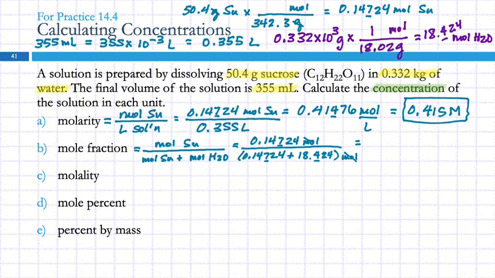Be a little careful on your calculator. 0.14724 divided by, I'm going to use parentheses, 0.14724 plus 18.424, close the parentheses, and I get 0.0079284. And so rounding that would be 0.00793 is the mole fraction of sucrose in the solution. Any questions?